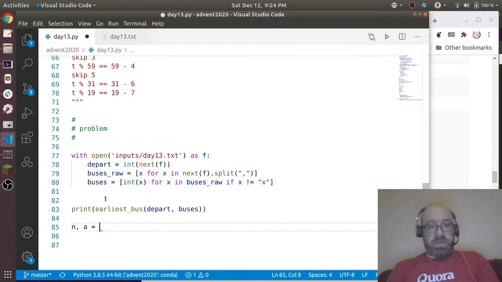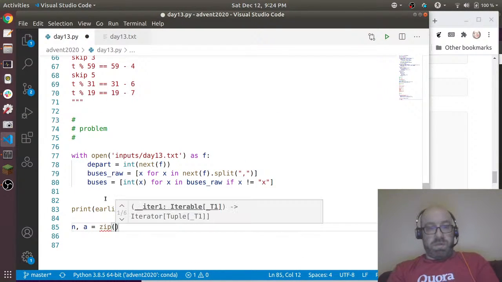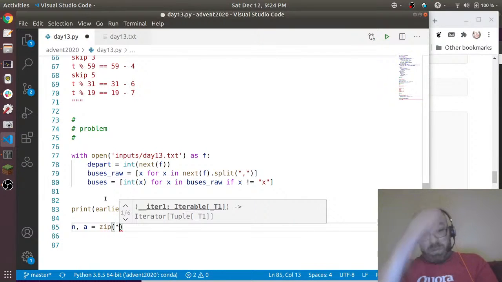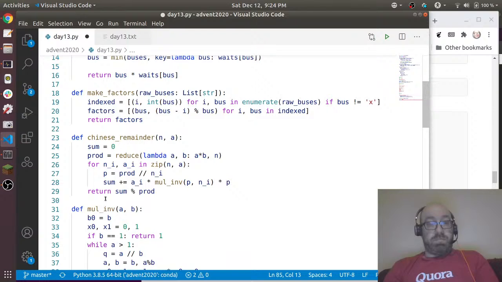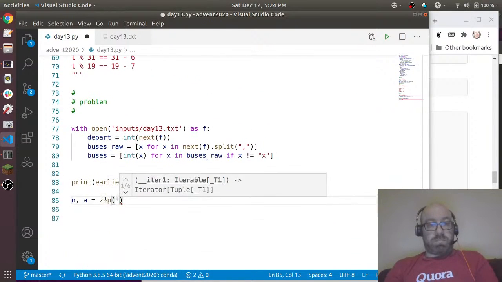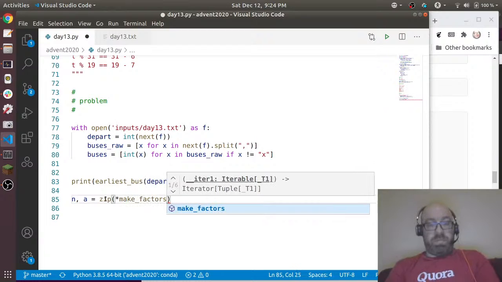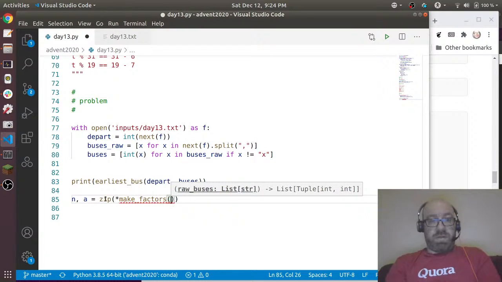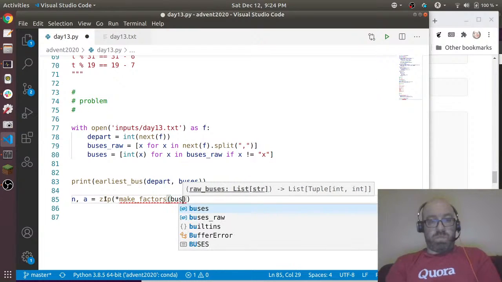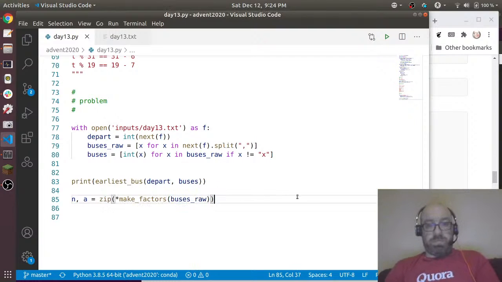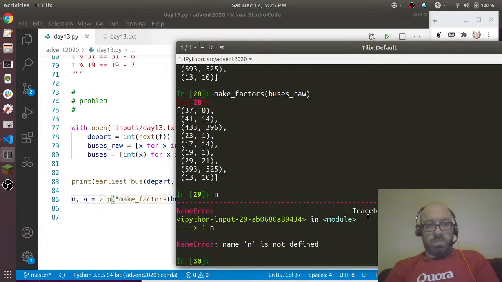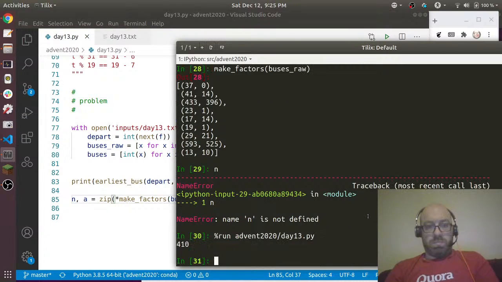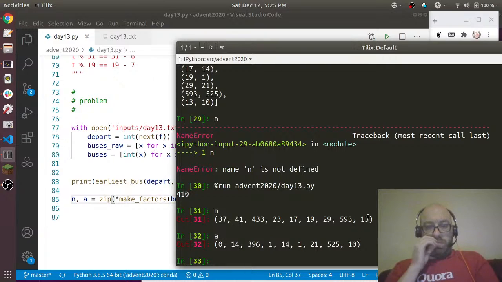And let's say n, a equals zip star of make factors, buses raw. Okay, so that seems right.